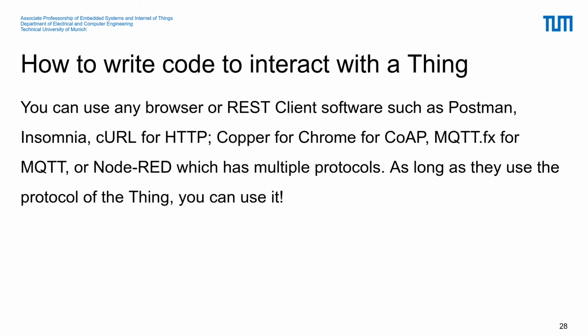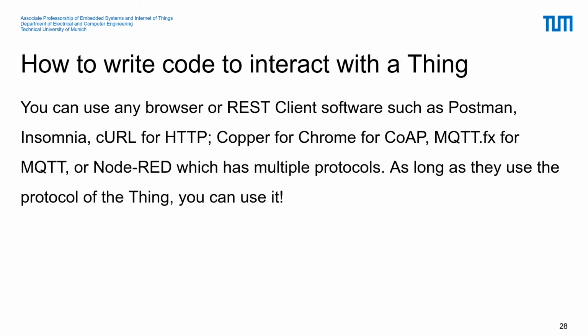So like I've shown before, you can use any browser, REST client, such as Postman or Insomnia, curl, or if you have a thing with CoAP, you can use Copper for Chrome, MQTT-FX for MQTT, or Node-RED, which has actually multiple protocols. As long as they use the protocol of the thing, you can use it. Like we said, node-wot is not an end-to-end framework.